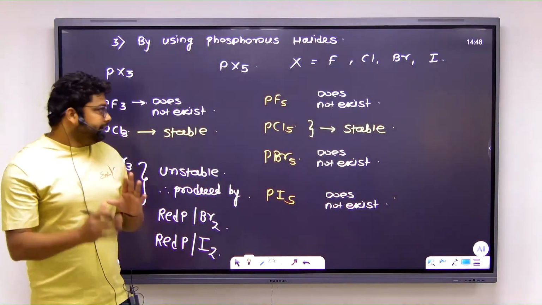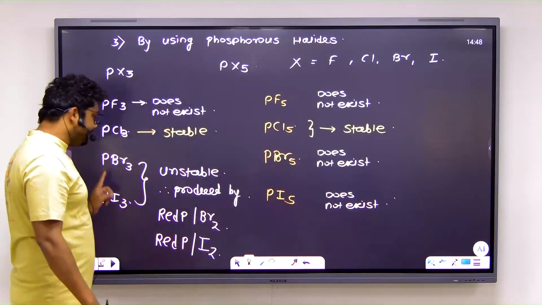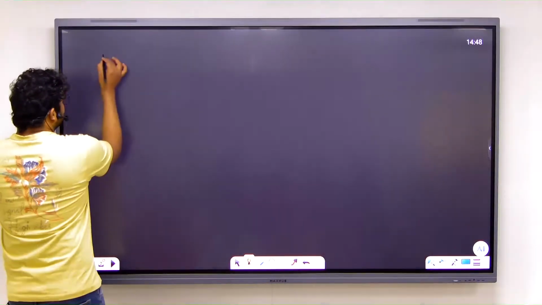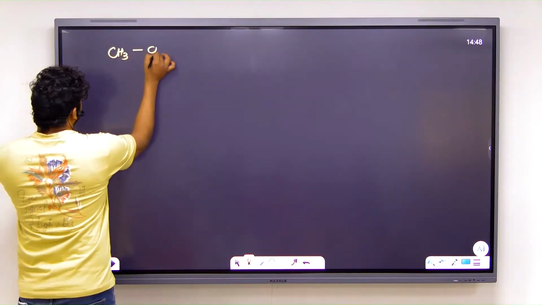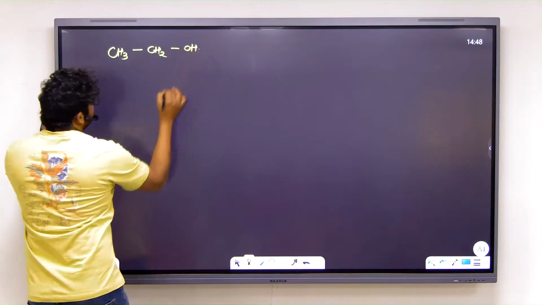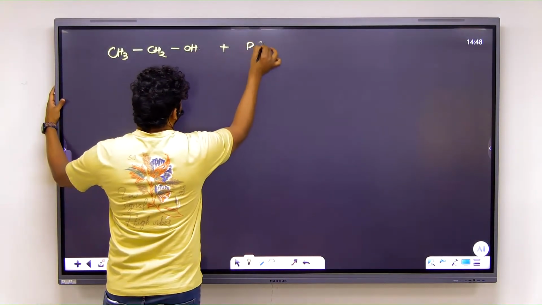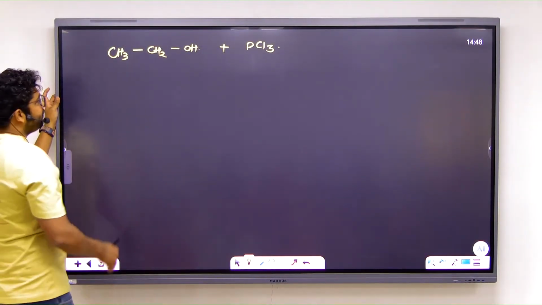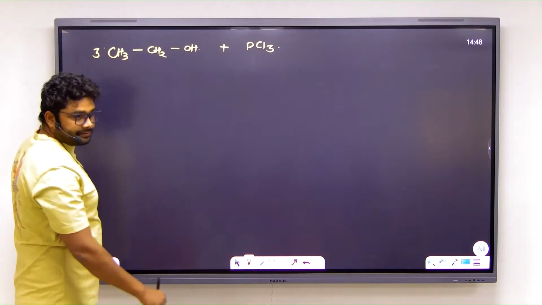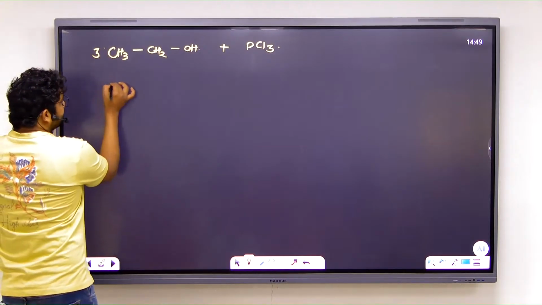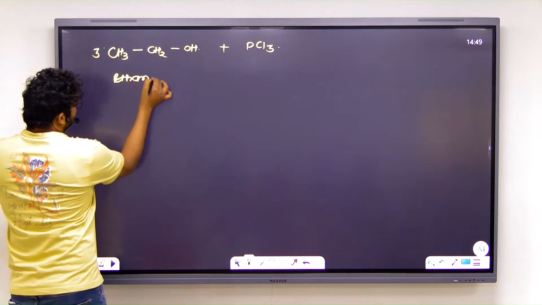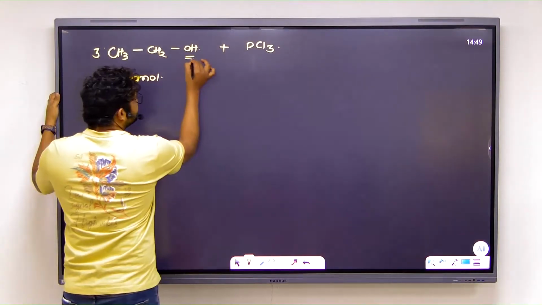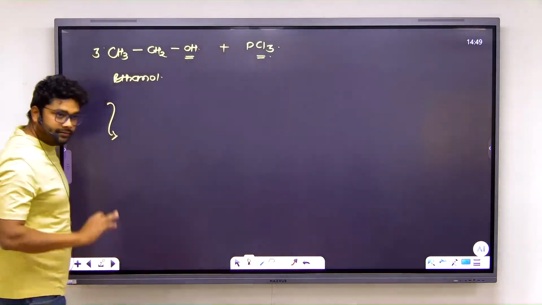You will discuss 1, 2, 3 and 4. In this reaction, you have an alcohol reacting with PCl3, suppose. So you are going to repeat this compound how many times? 3 times. This one is your ethanol, and when you repeat it 3 times, 3OH replaces 3Cl.